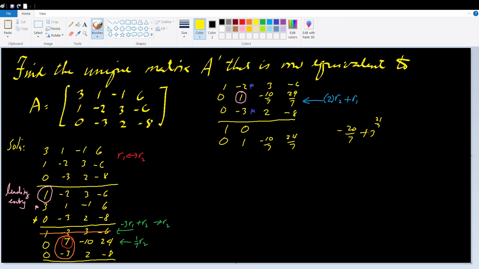Negative 20 over 7 plus 21 over 7 is 1 over 7. Then 24 over 7 times 2 is 48 over 7 minus 6, so 6 becomes 42 over 7. So 48 over 7 minus 42 over 7 is positive 6 over 7.